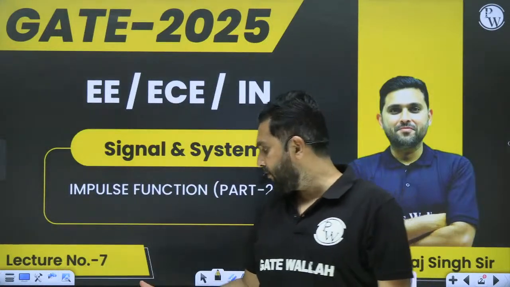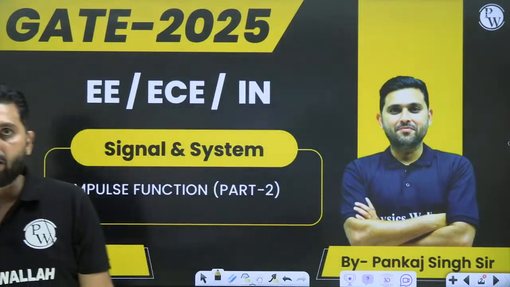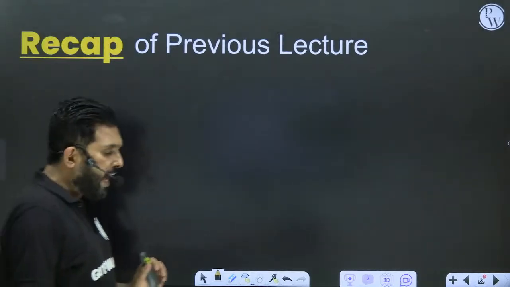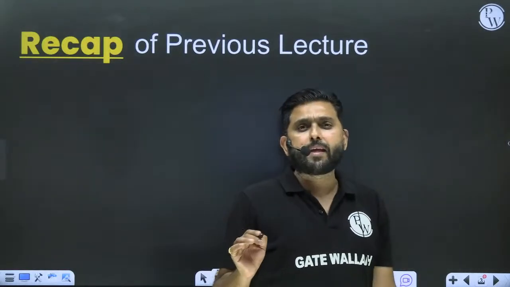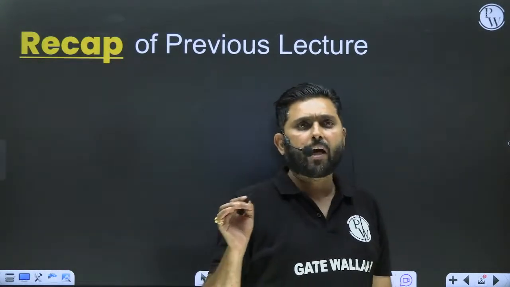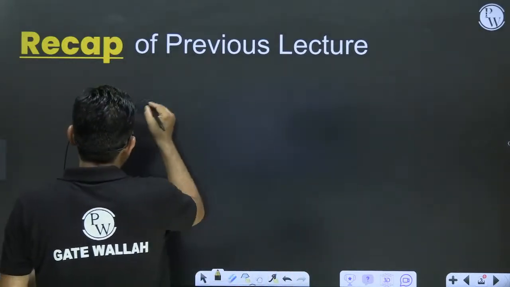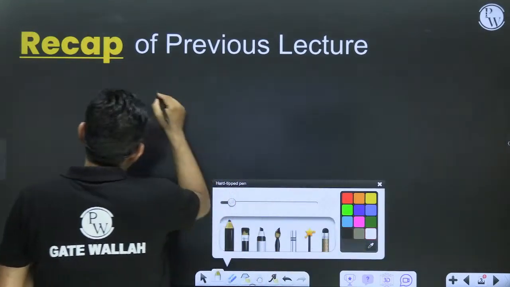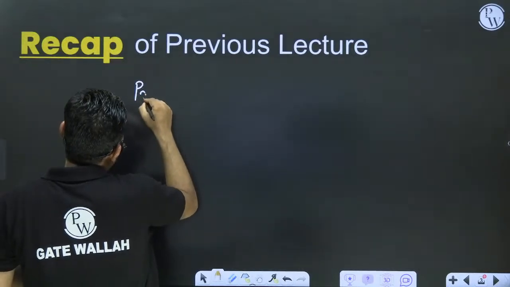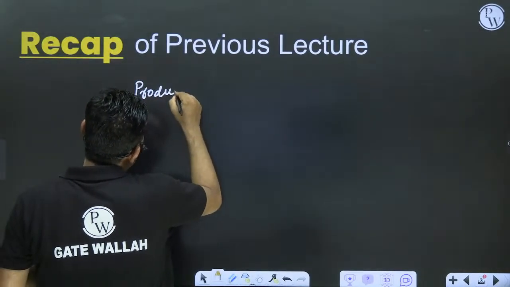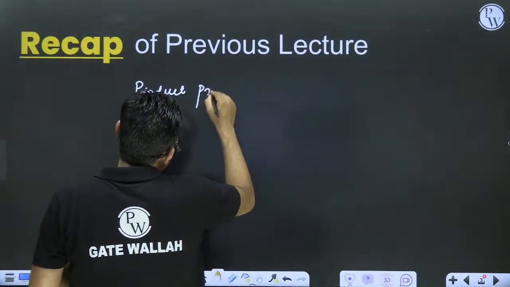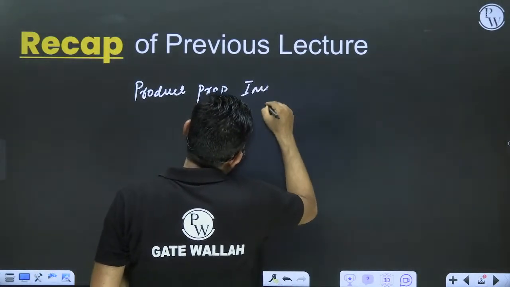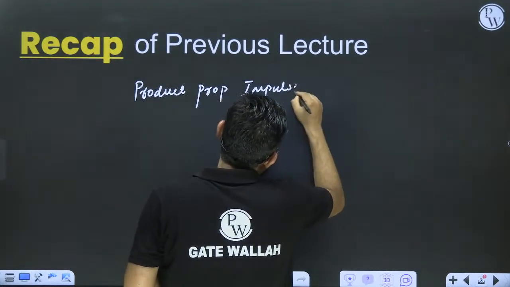So let's revise the class that we have covered till now. Here we have started the impulse properties, and what we have covered is the product property of impulse function.